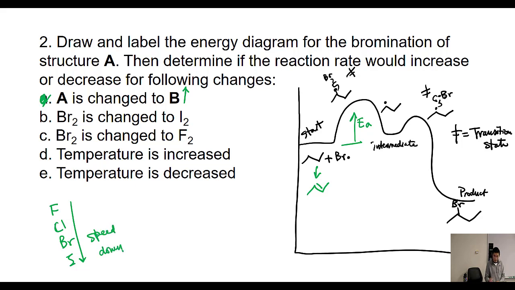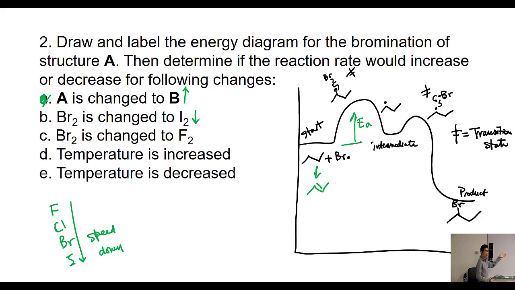So it's small. Okay, so iodine is extremely slow. In fact, it basically never happens, in the sense that it's so slow we can't actually see it happening. So iodine would be far slower than bromine is.